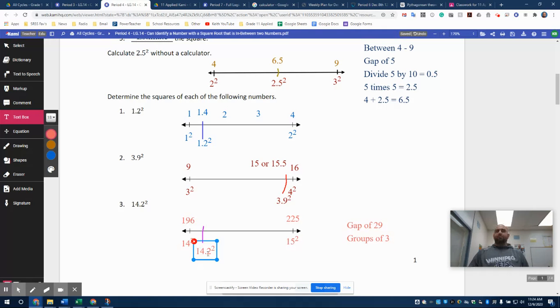Now, for 14.2, if we're thinking of tenths, there are 2 groups of 3. 2 groups of 3 is 6. So I'm going to estimate that my answer is 6 above 196, 2 groups of 3 above. So I'm going to guess that the answer is about 202.